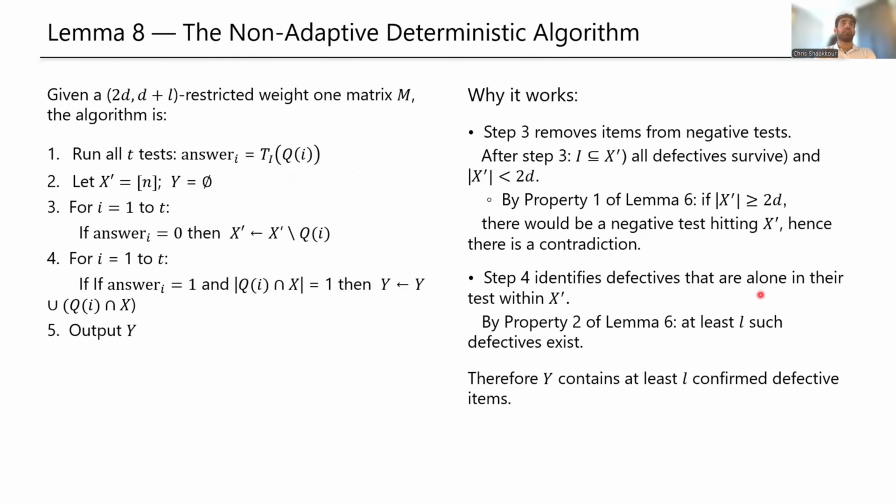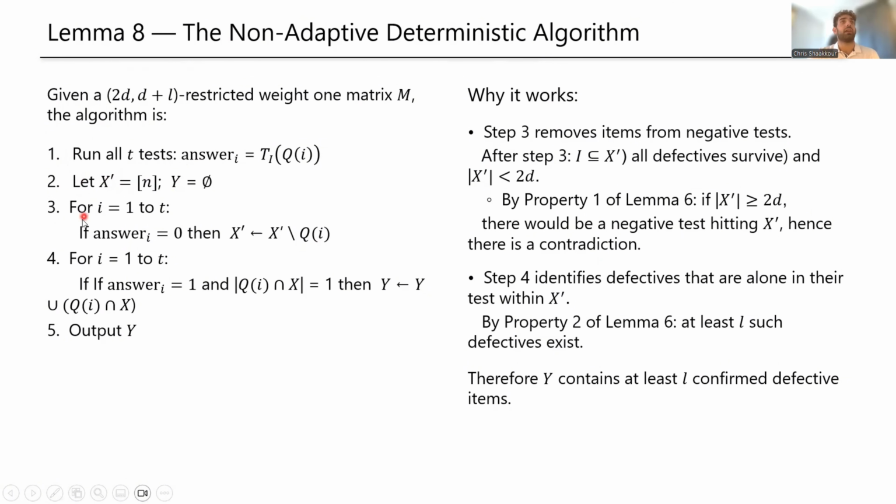So lemma number 9 states that given R equals 2D and S equals D plus L, an RS restricted weight 1 matrix M, the algorithm is that we run all T tests, answer i equals the test on Qi, okay? And we let X prime be the group of elements from 1 to N, and Y an empty set for now.